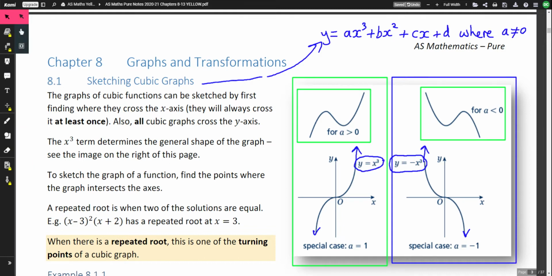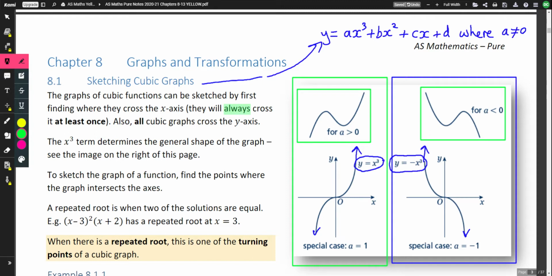So the graphs of cubic functions can be sketched by first finding where they cross the x-axis. And they will always cross it at least once. Sometimes 3 times. Well, that's the most they can cross it.